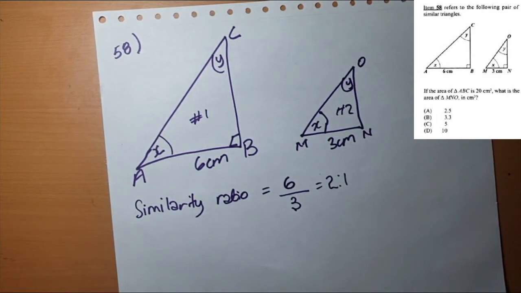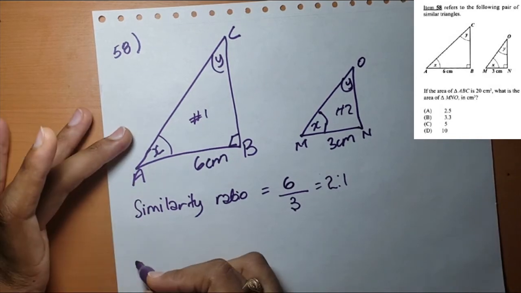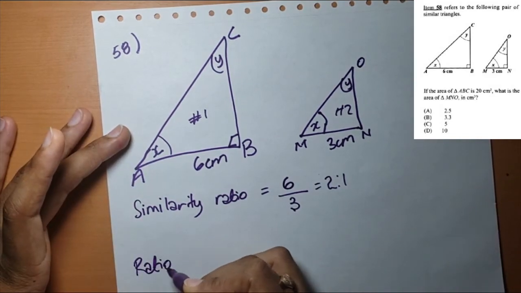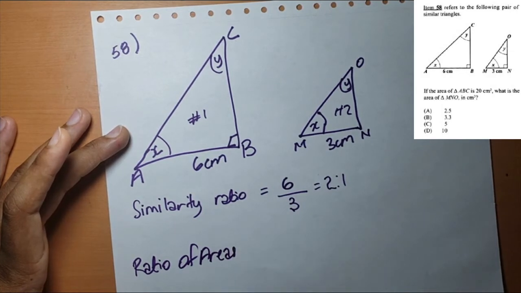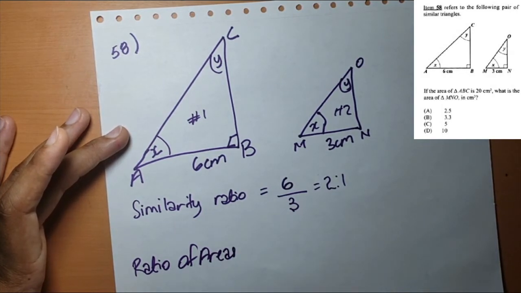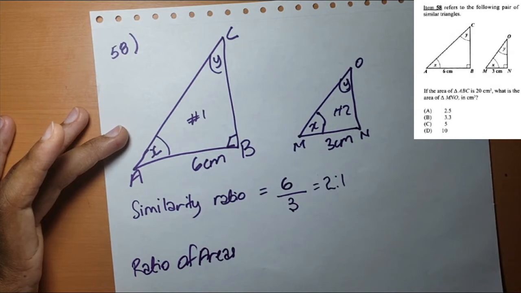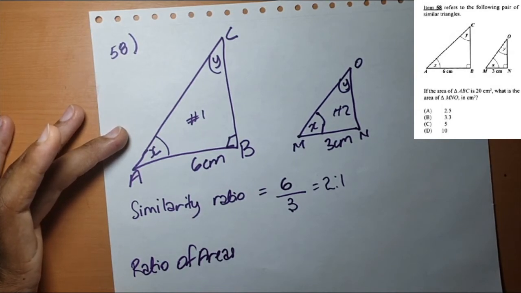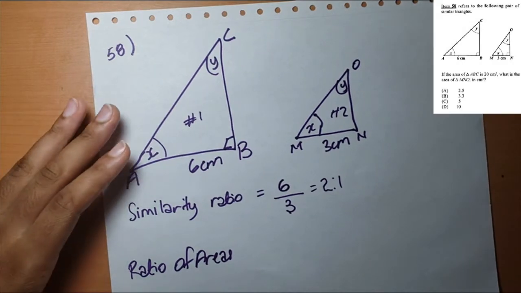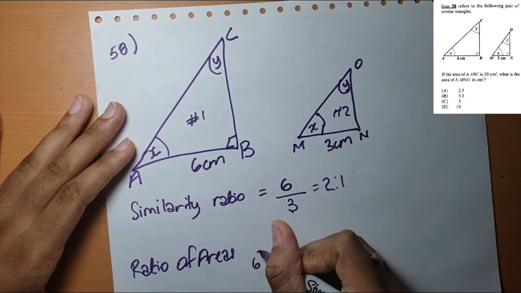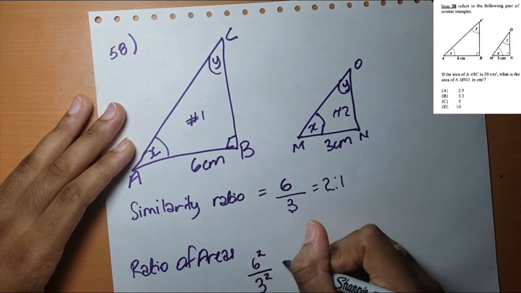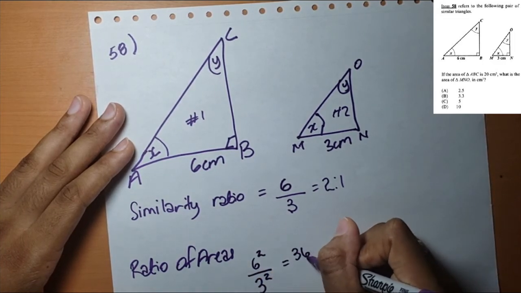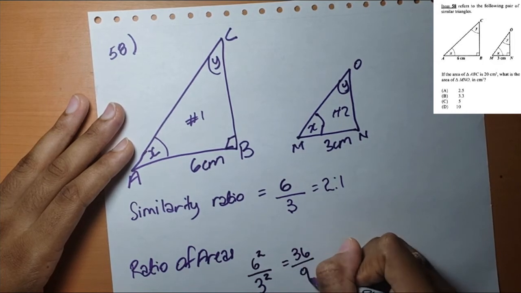Now, what we do with this information is that we have something called ratio of areas. Now, we are told that the area of triangle 1 is equal to 20 centimeters squared, right? To find the ratio of the areas, we need to do 6 squared over 3 squared, and that is equal to 36 over 9.